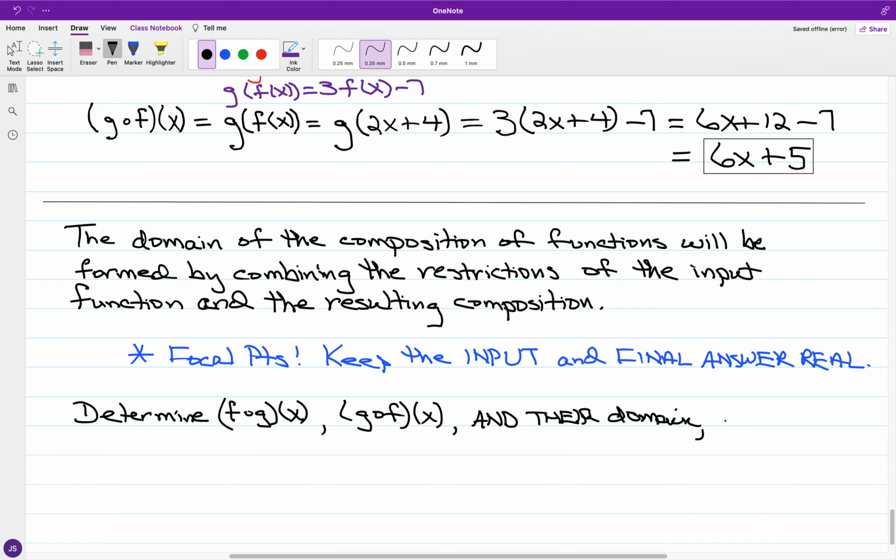And we'll say that we have with our functions f of x is equal to 2x minus 4 and g of x is equal to 4x.